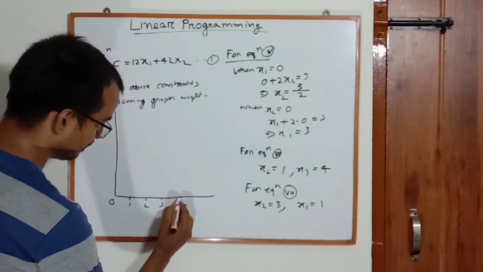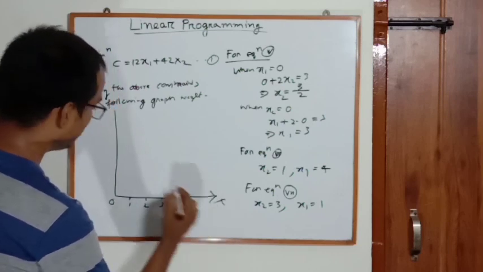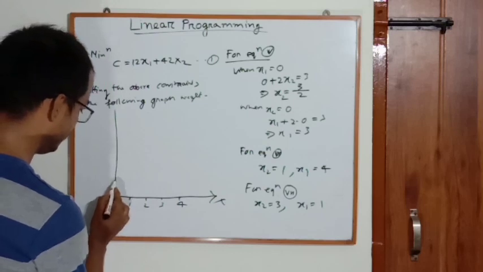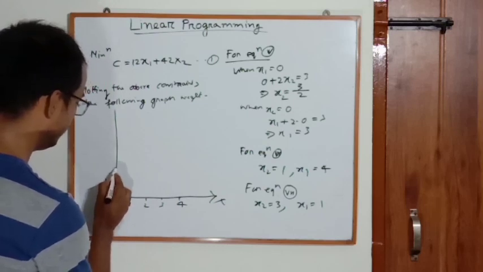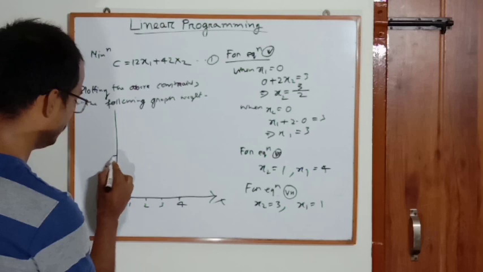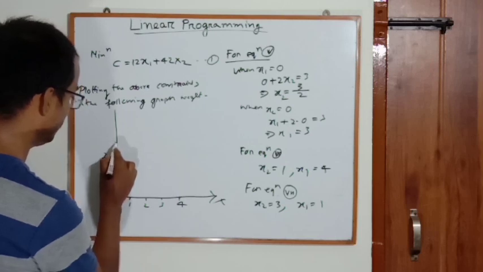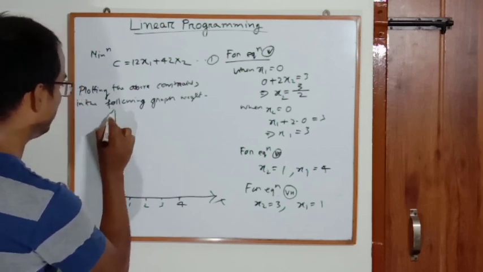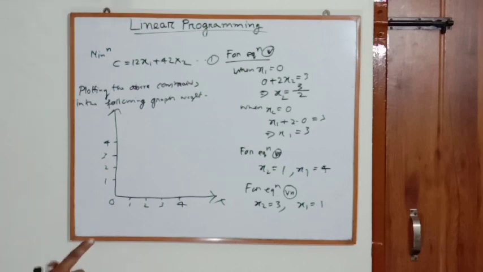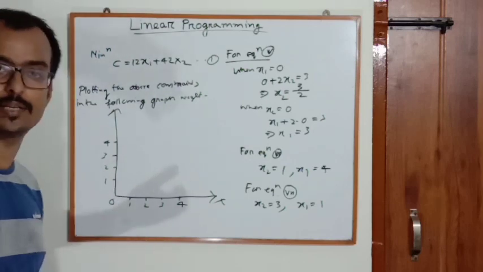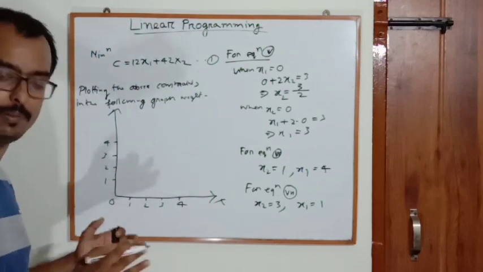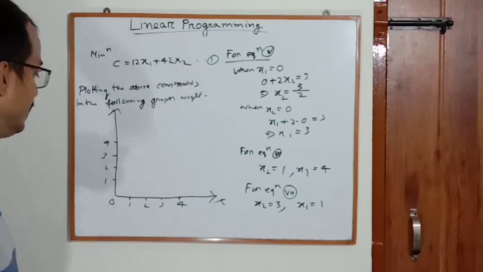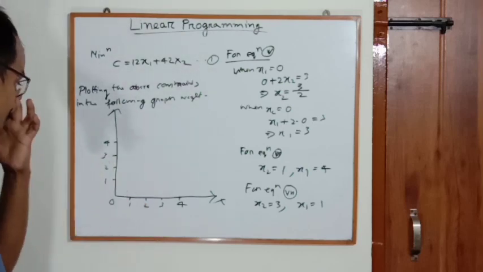I think it will be here, 4. And this will be 1, 2, 3, 4. I am doing guesswork. You have to use a scale. And in graph paper, the scaling is given, so it will not be a problem.